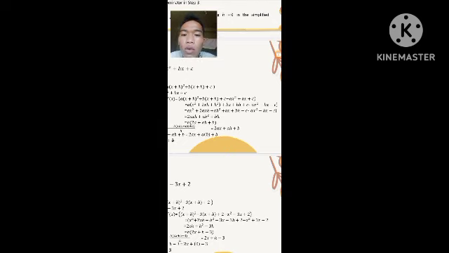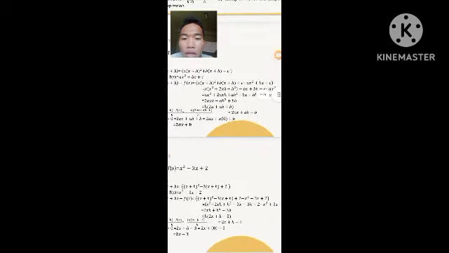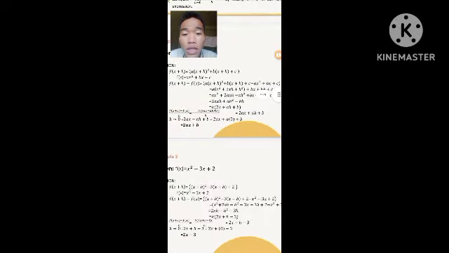So we have only 2axh plus ah squared plus bh, but they have a common factor h, so let's factor out the h and create a parenthesis, and then 2ax plus ah plus b. So that was the correct answer.